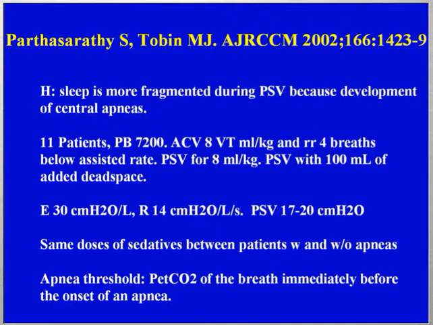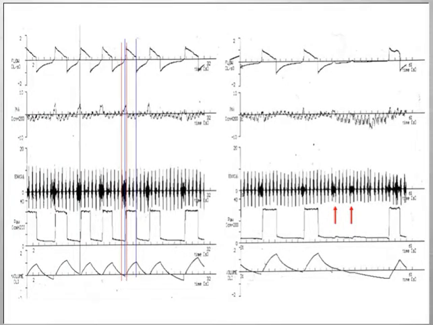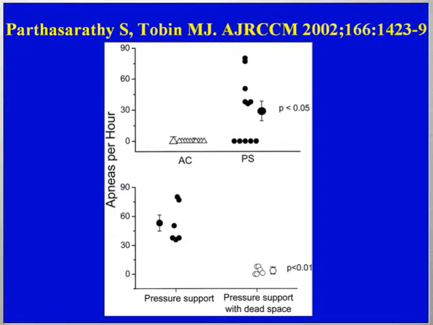No differences in sedatives in these individuals, and more or less what they observed was that after a certain period of time, patients ventilated with a level of pressure support giving 8 mL per kilo tidal volume developed long apneas and some inefficient efforts.